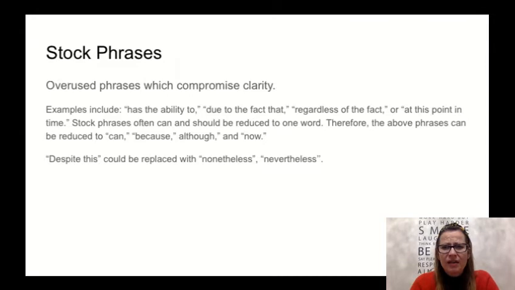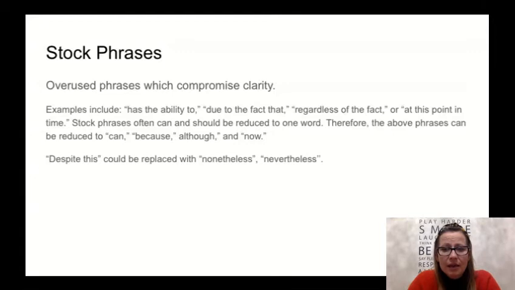There are often, and I suppose these stock phrases are quite similar to clichés in a way, overused phrases which compromise the clarity. So, for example, has the ability to, or due to the fact that, that's one that gets used quite a bit, regardless of the fact, at this point in time.